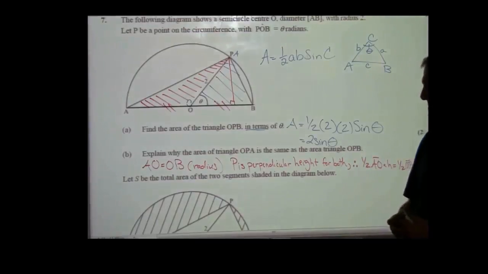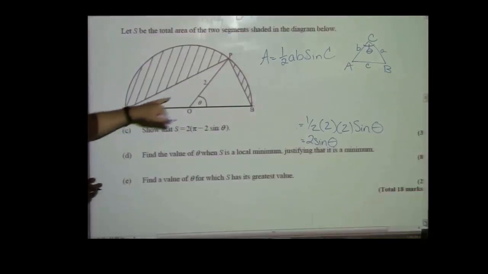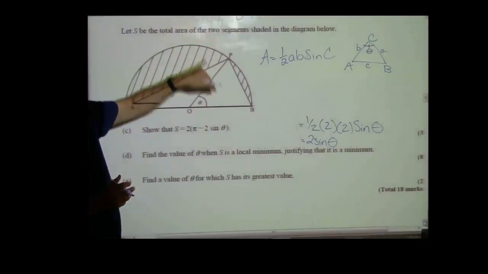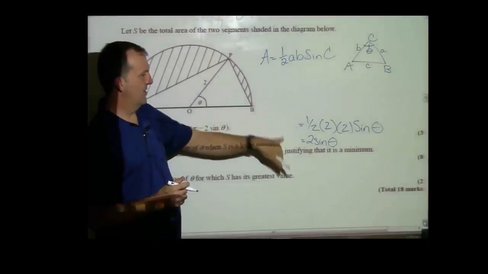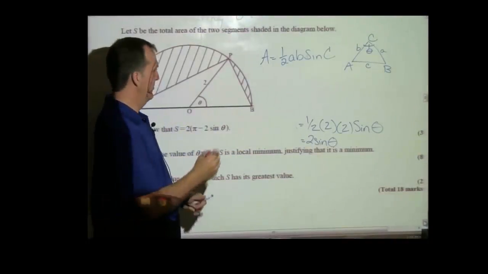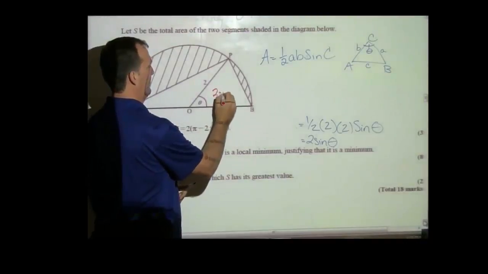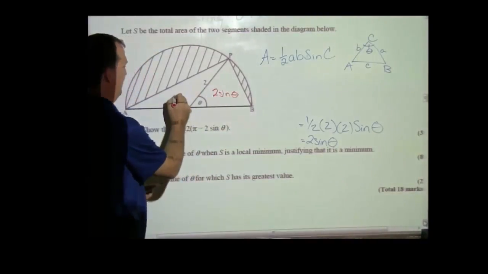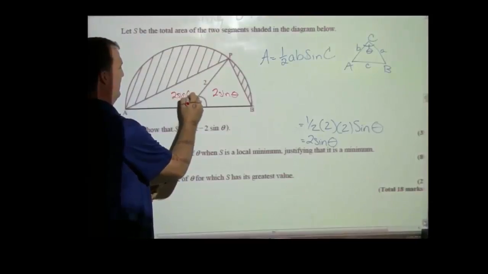We ready to move on to the next part? You just proved above that the area of this triangle is 2 sine theta. They both have the same area, right? So this area is 2 sine theta, and this area is 2 sine theta.